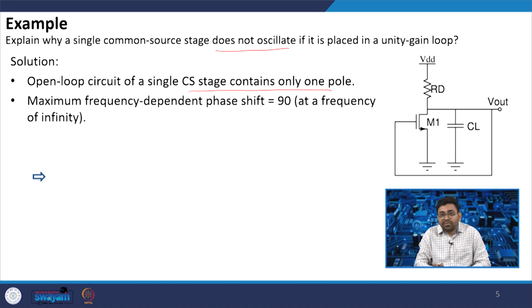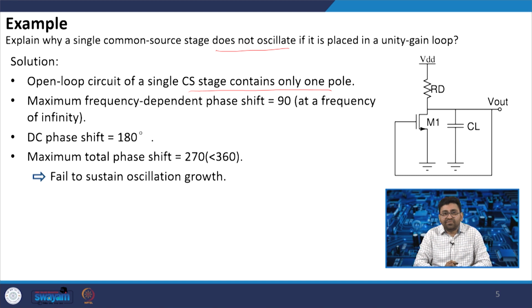If you connect the output to the input, the DC phase shift is 180 degrees. So, the total phase shift is 270, which is less than 360. So, it will fail to sustain the oscillation growth.